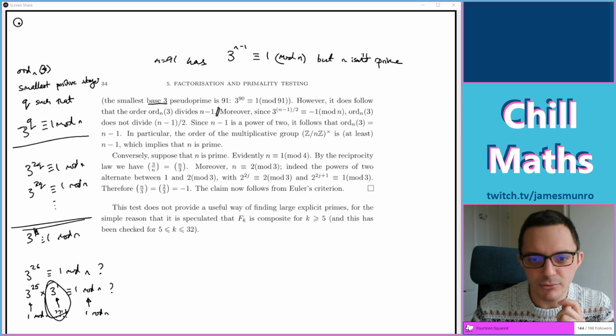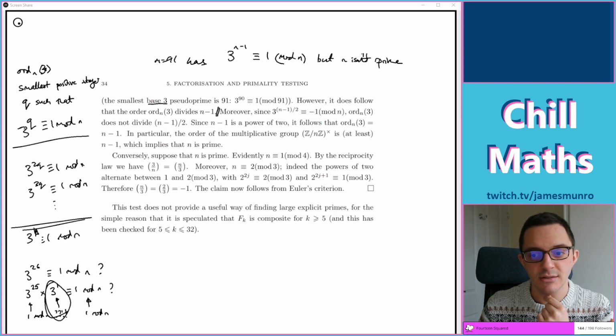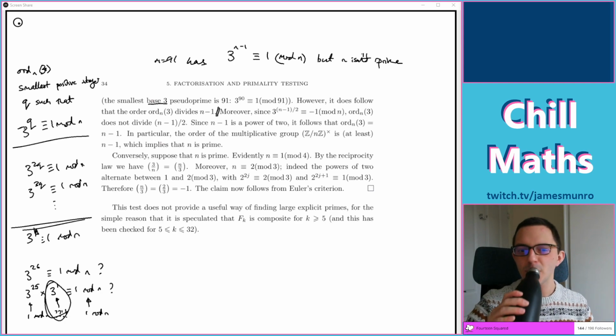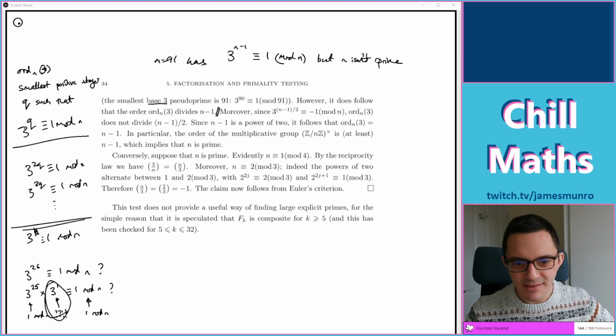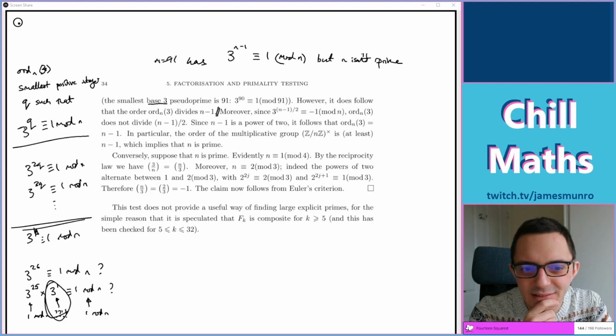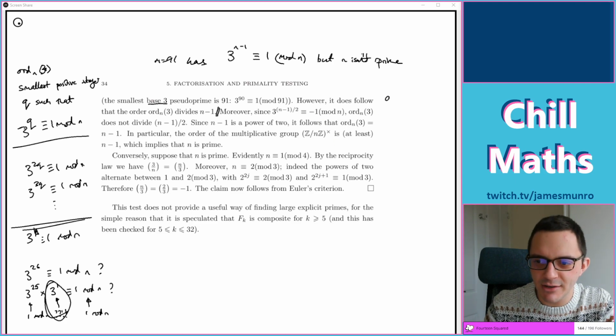Okay. And there's also this example to say that here, by assumption, 3 to this large power was minus 1 mod n. So the order of 3 doesn't divide this. And that makes me think that we've nailed down a factor of n minus 1, but which does not divide n minus 1 over 2.